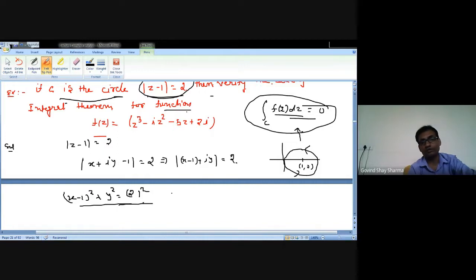This is the equation of a circle. What is the center of this? The center is 1, 0 and the radius is 2.